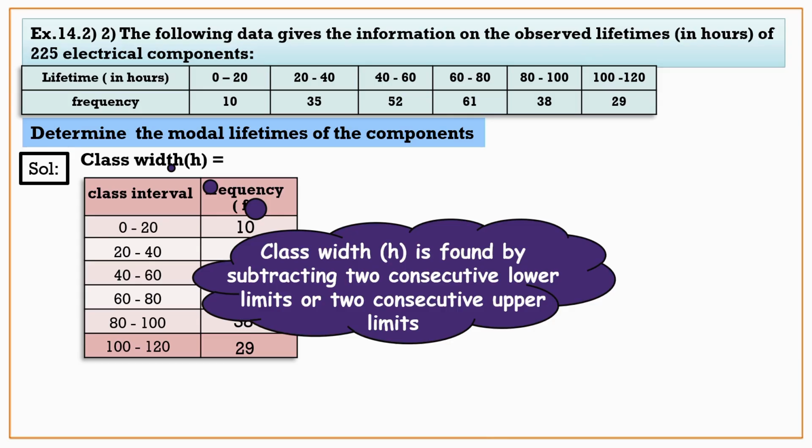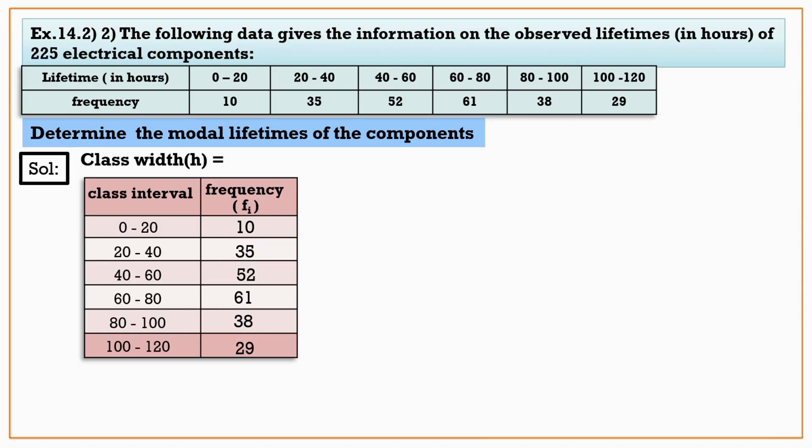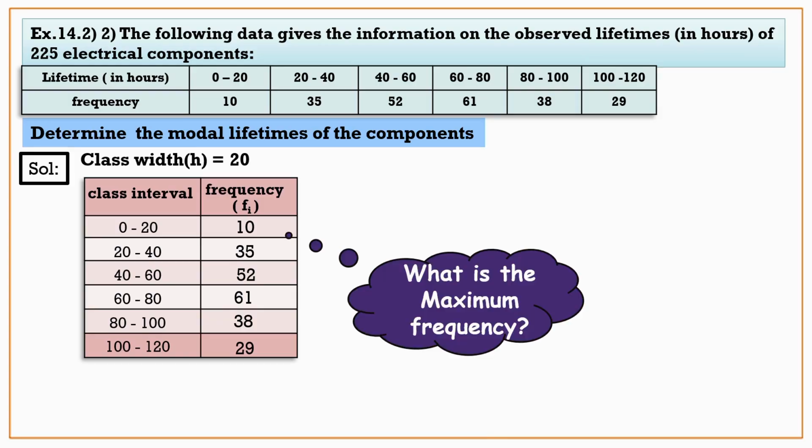Class width, you already learned, is found by subtracting two consecutive lower limits or two consecutive upper limits. So let's take the lower limits and subtract: 20 minus 0 is 20. So that is the class width. Now we need to find the maximum frequency to find the modal class.